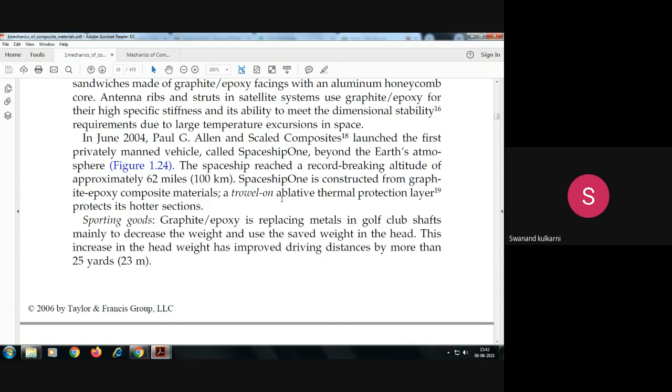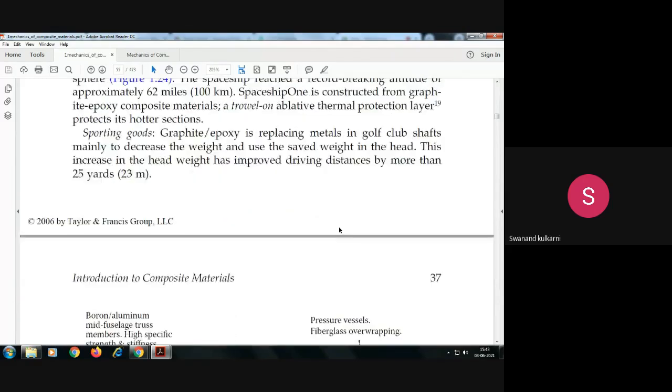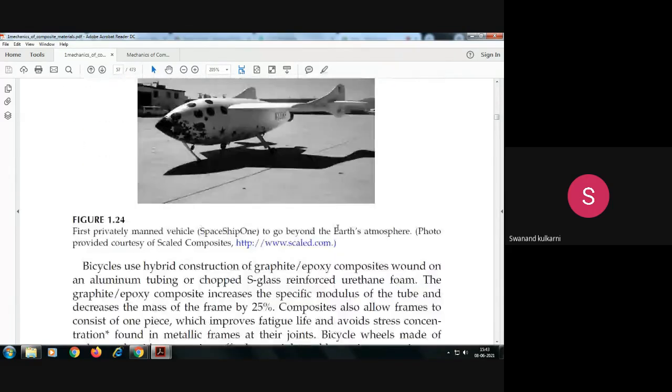Metals always have higher densities, and that's why graphite epoxy is replacing metals in golf club shafts. It decreases the weight and uses the saved weight in the head. So this increases the head weight and improves the driving distances. Is it okay? So this is one example of sporting.